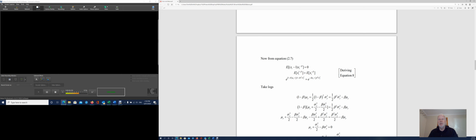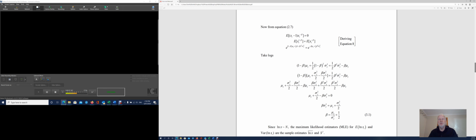So taking this as the C, you get e to the 1 minus beta mu_Y plus half (1 minus beta) squared sigma squared Y equals e to the, this is the C, minus beta mu_Y plus a half beta squared sigma squared Y.